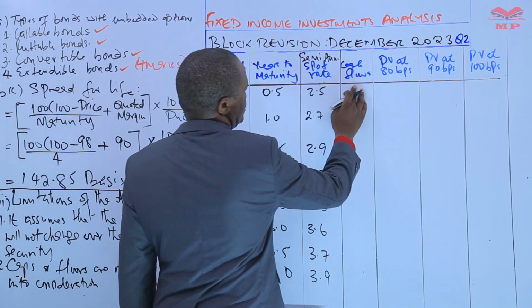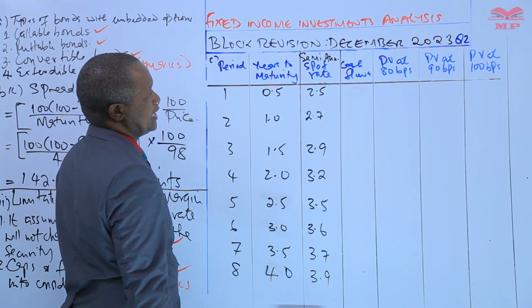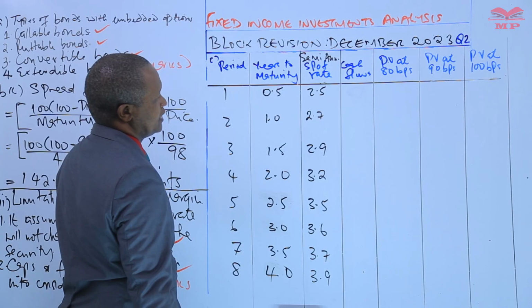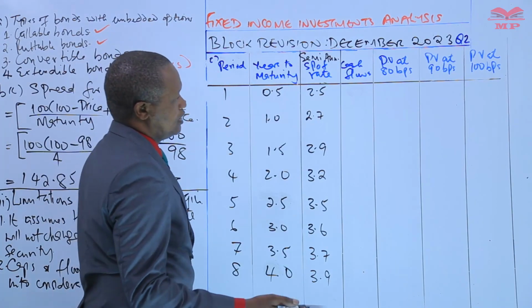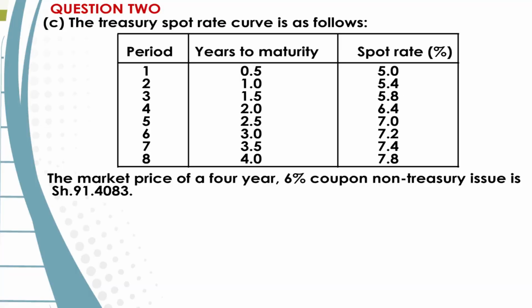Then the cash flows. We are required to calculate the cash flows. Now, candidates, the cash flows will be obtained from the coupon rate, which is 6%.